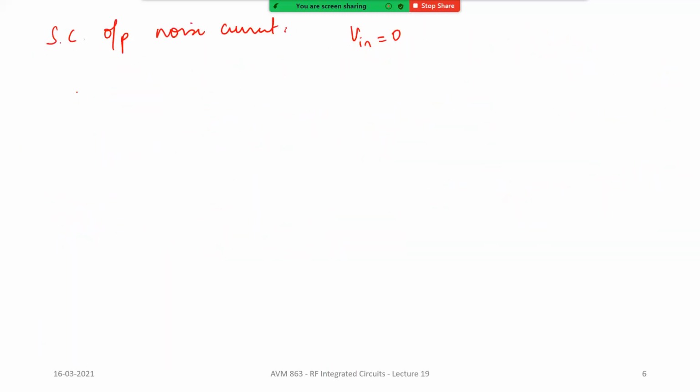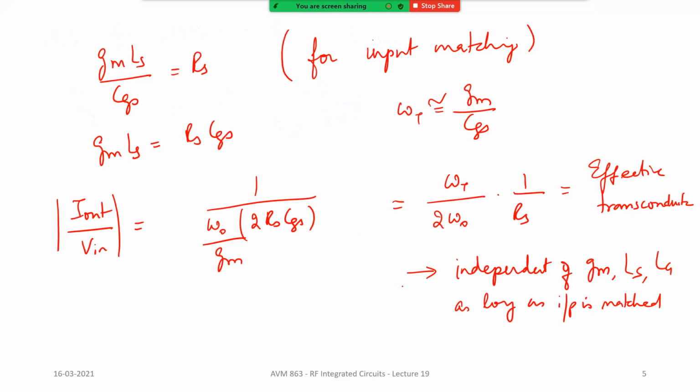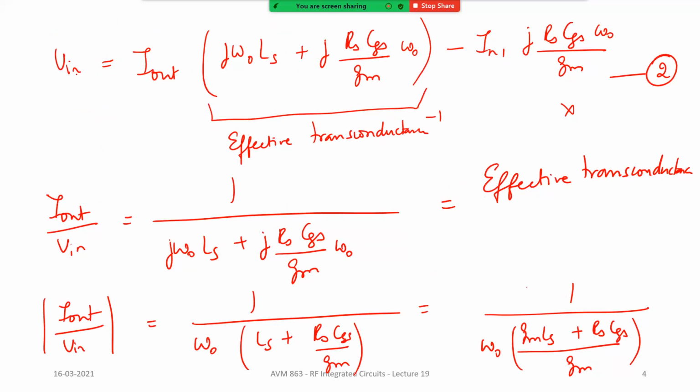We will get something like, let's call it I N out due to M1, can be written as I N1 into Rs Cgs divided by Gm Ls plus Rs Cgs. All that I have done basically is to set this to 0, this goes the other side.